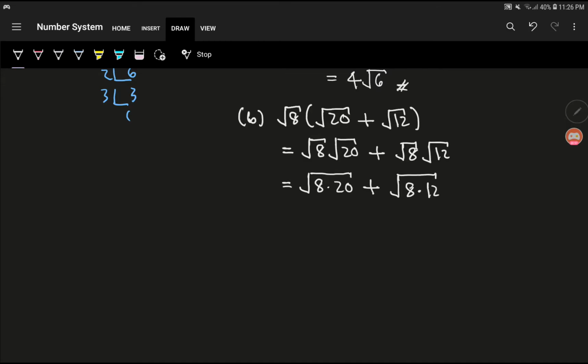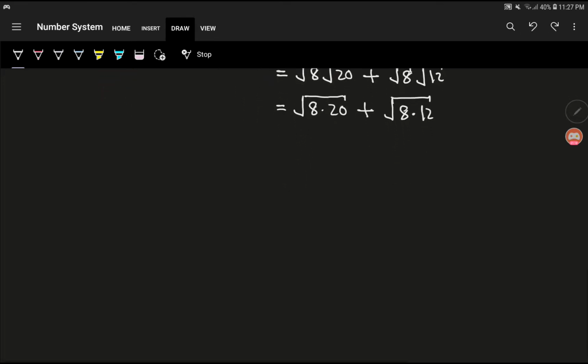Okay, I think I made a mistake here. Instead, we can also factorise, because 8 is 4 multiply 2 and 20 is 4 multiply 5.